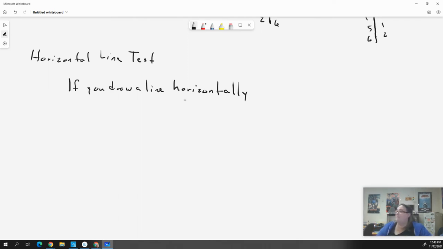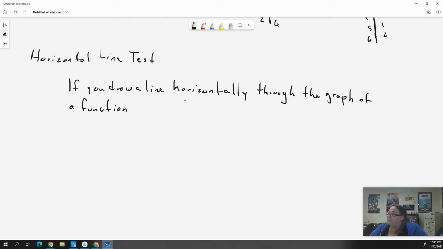Skateboarding, vertical. If you draw a line horizontally through the graph of a function, it would help if I actually wrote these down because it might get wordy because I'm just saying it in my head.